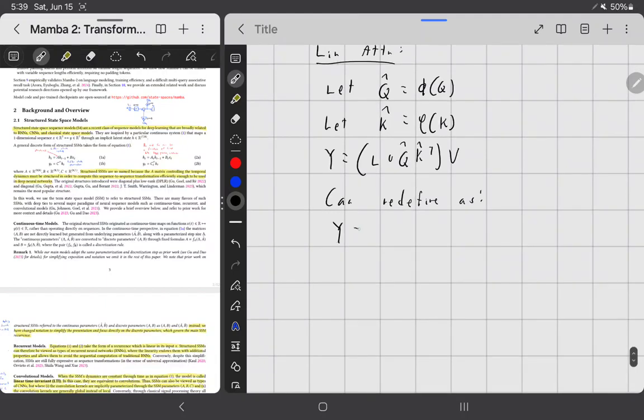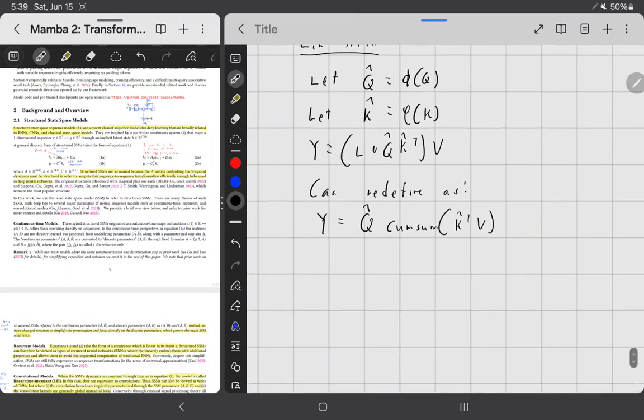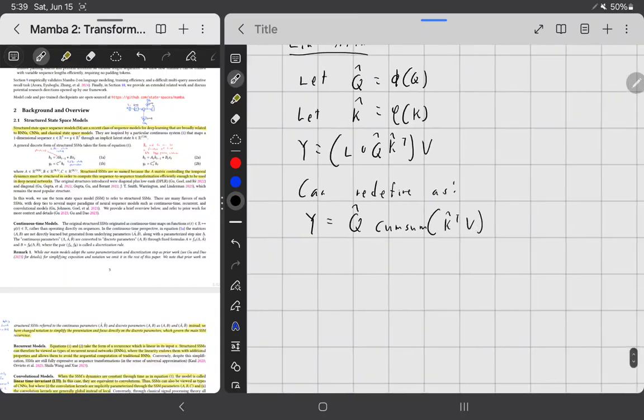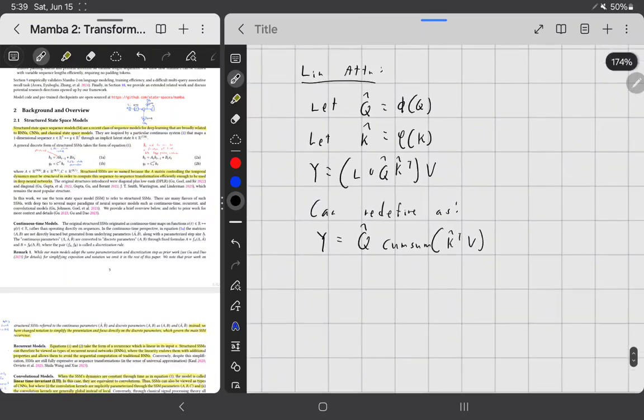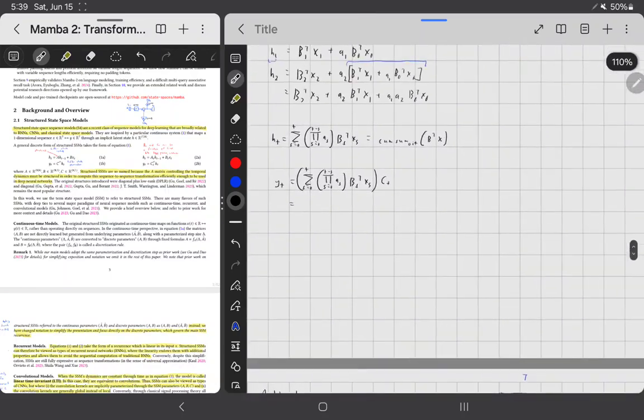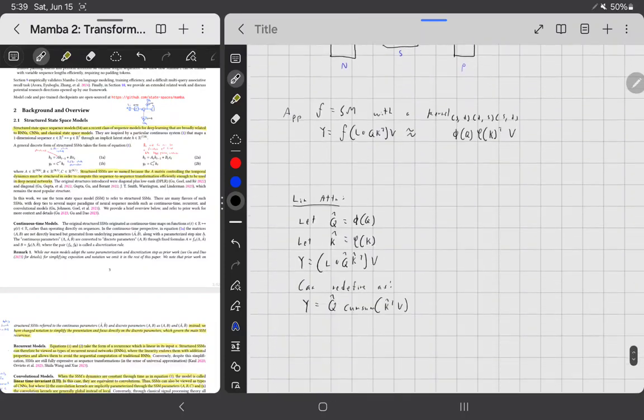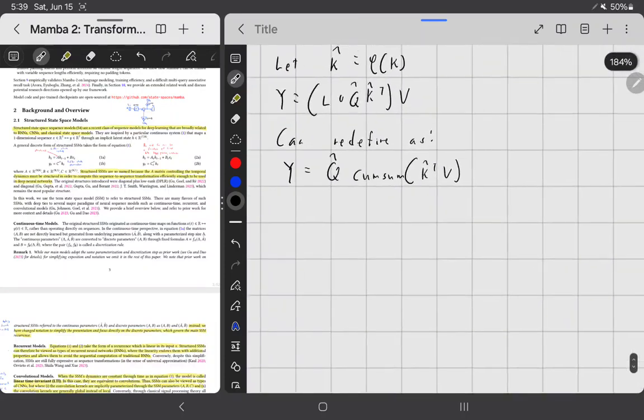So y is going to be equal to q times the cumulative sum of your keys and your values. And basically, this is the formulation we had. It is very similar to this formulation up here, the cumulative sum.